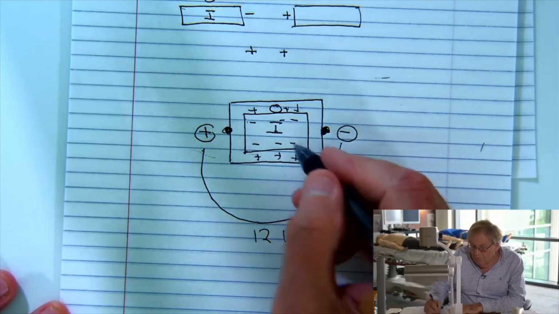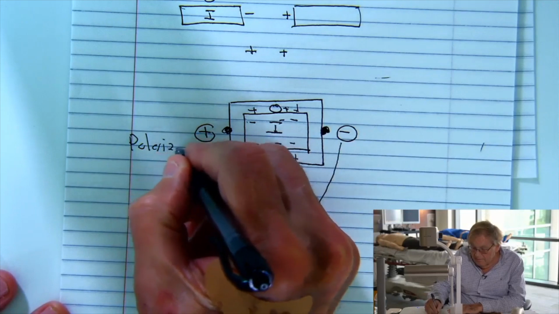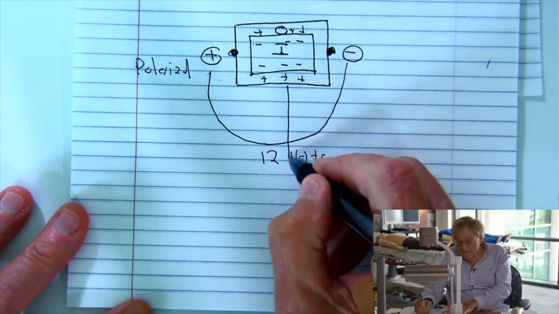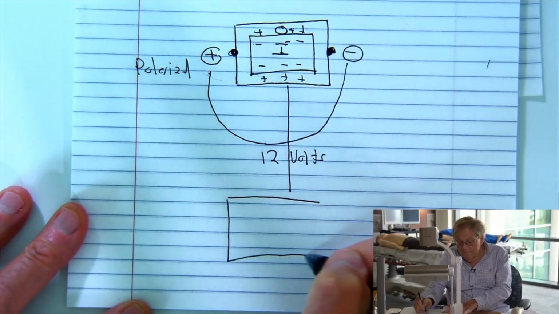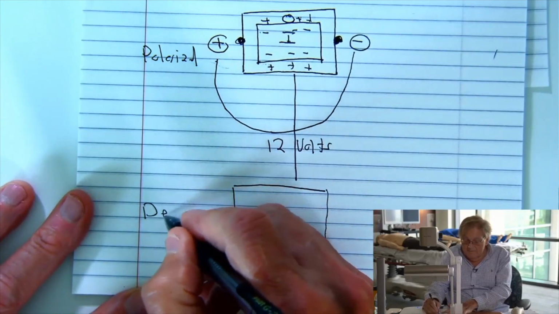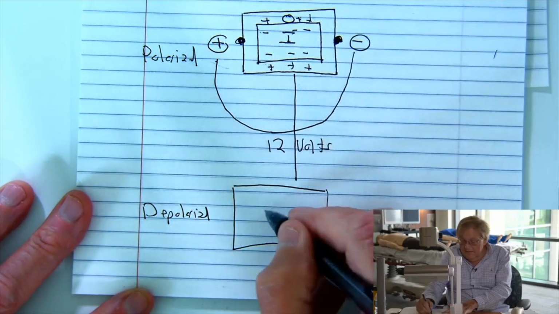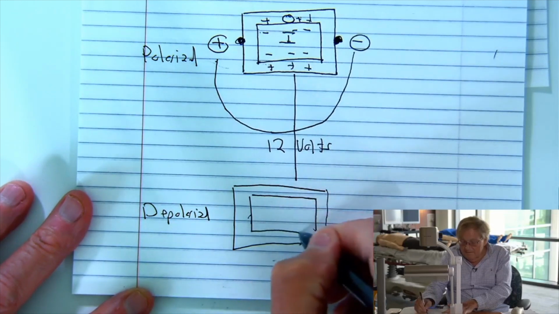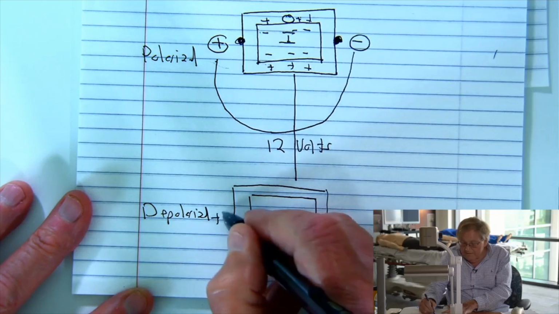So if this is polarized up here, then to depolarize that battery, I'll just draw that same box again. And I'm going to write here depolarized. I'm going to have the inside of the battery, same thing. I'm going to have those two terminals, one on each side, a positive here and a negative here.